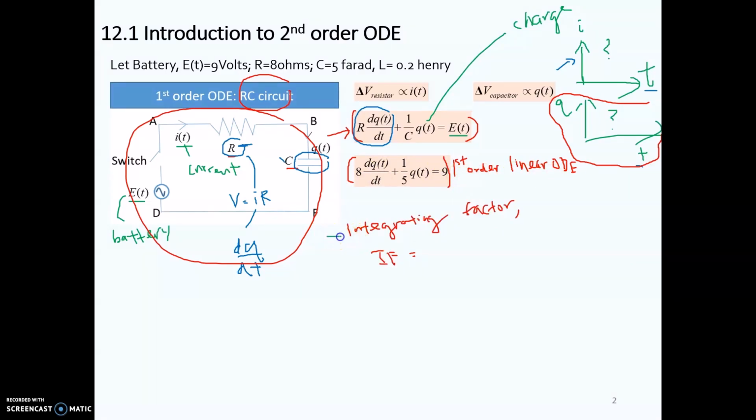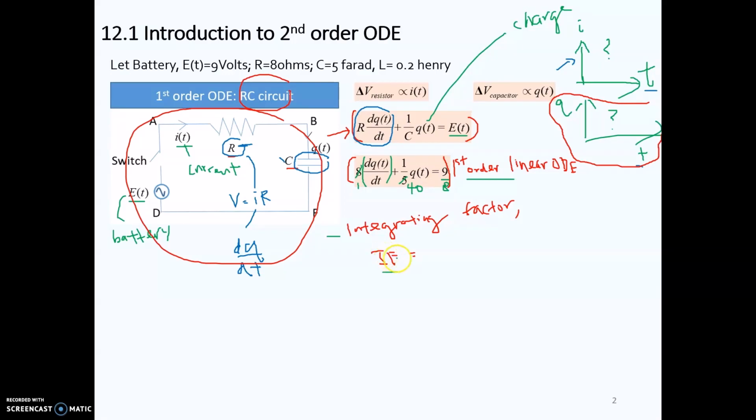Previously, you have learned how to use the integrating factor or the IF to solve the first order linear ODE, where in this case you need to ensure the coefficient for the first derivative here must be equal to 1. Therefore, you need to divide it by 8. So you should obtain 40 here, and this one is 9 over 8.